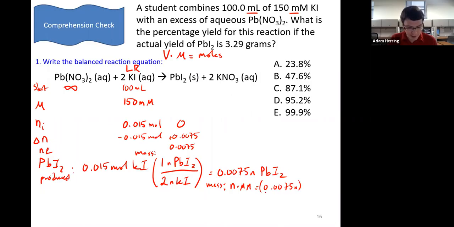The molar mass of lead iodide is 461 grams per mole, which means that we would produce 3.46 grams of lead iodide. This is our theoretical yield.